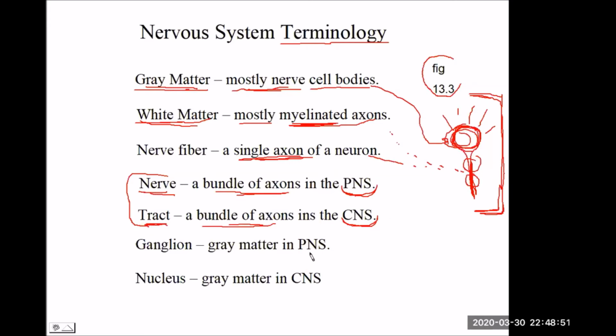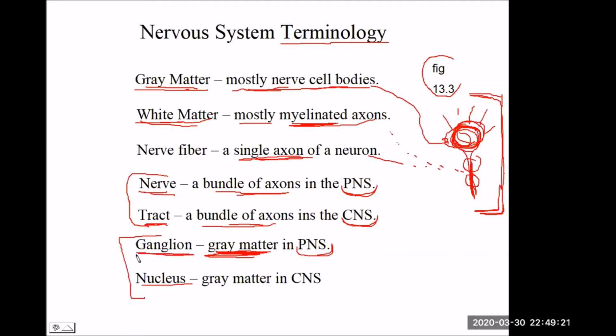And then you notice the same thing down here. Ganglion and nucleus, we'll group those together. So we're talking about, right up top, nerve cell bodies once again. So gray matter, the cell bodies of a neuron. And when we're in the peripheral nervous system, the more specific name for a cell body is a ganglion.